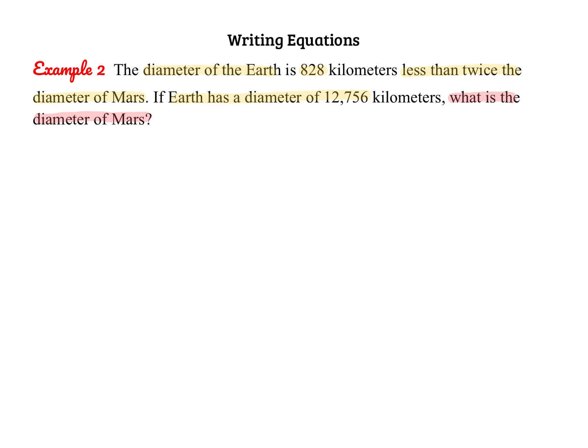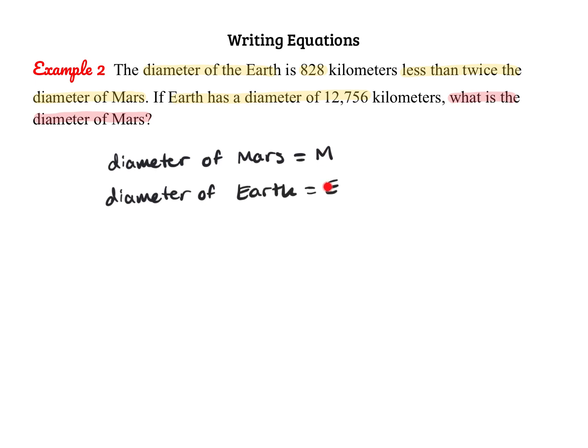So if we want to define the diameter of Mars, let's give it a variable. Let's say the diameter of Mars, let's call it m, and I'm going to call the diameter of Earth E. And I'm going to start by using these variables, and then I could substitute anything we know.